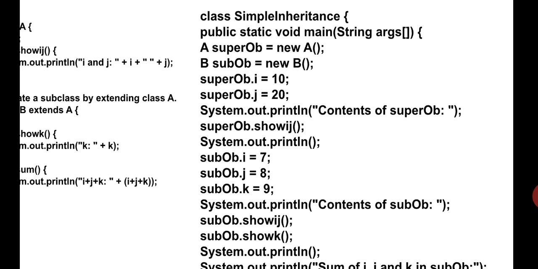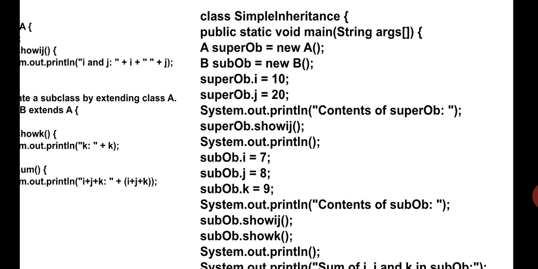Now using the super object you access the variable i and assign 10 to it, and using the same object you access variable j and assign 20 to j.